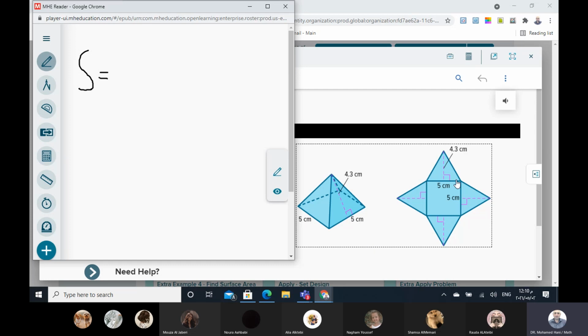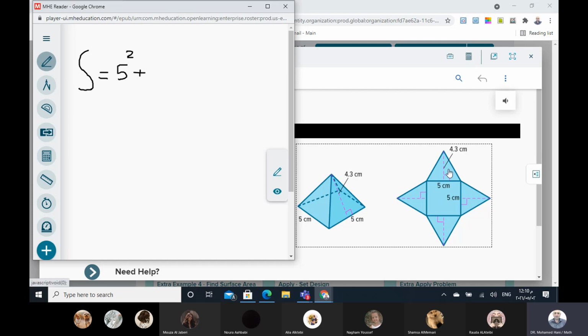Start from the base. What is the type of the base? Square. How to find the area of the square? Side times side, or side squared. So we can write 5 times 5, or 5 squared, plus how many congruent lateral faces?